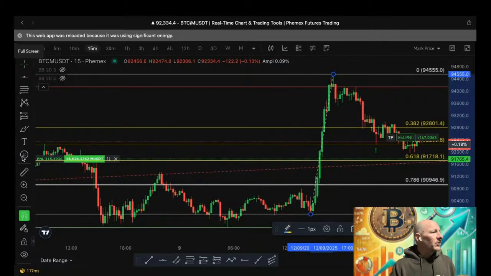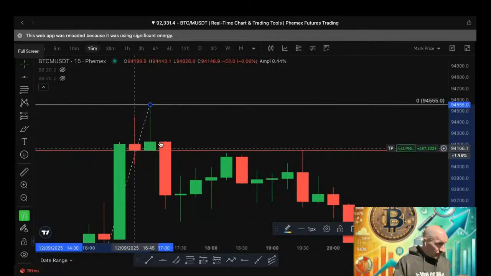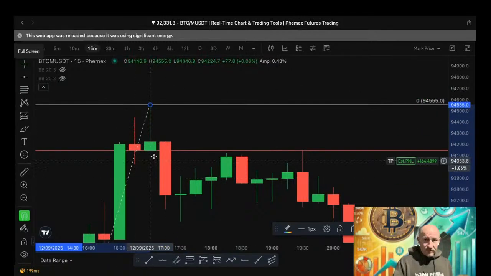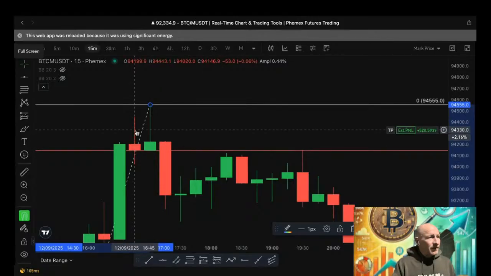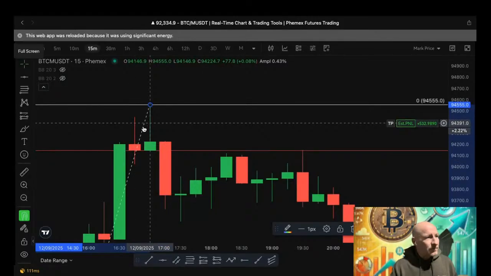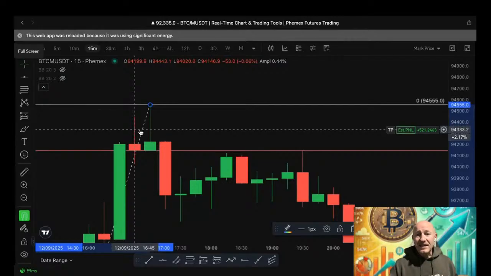So let's zoom in here real quick. Hold on. So see these wicks right here? You wait for a wick to appear and then you fade the move. So what that means is everybody thinks it's going to continue to go higher, but since you know market structure and you know what wicks mean, you fade the move and you sell.